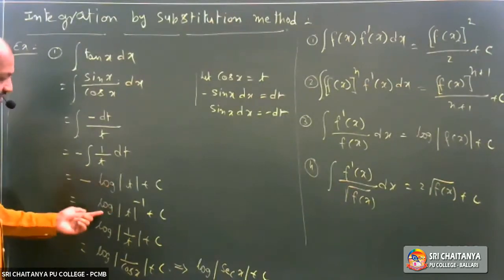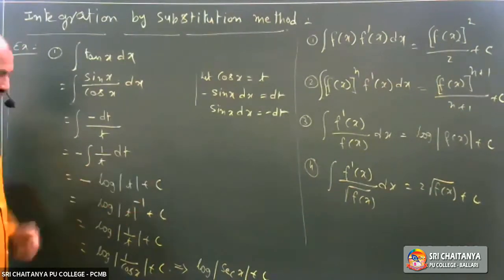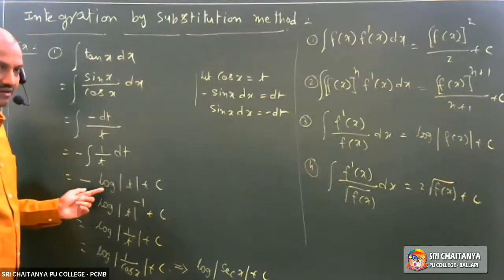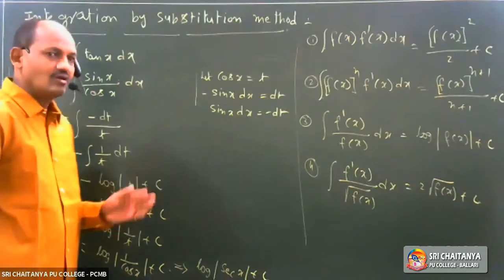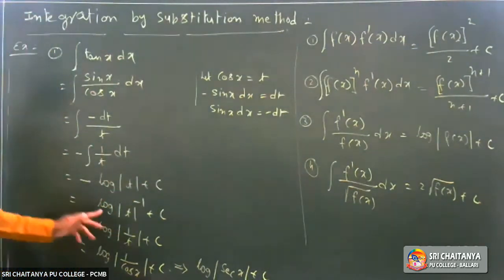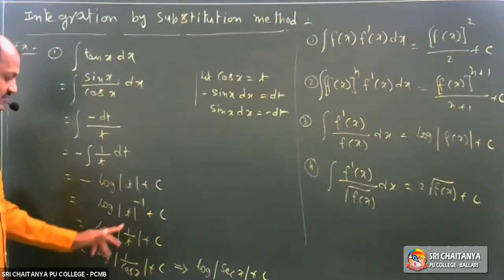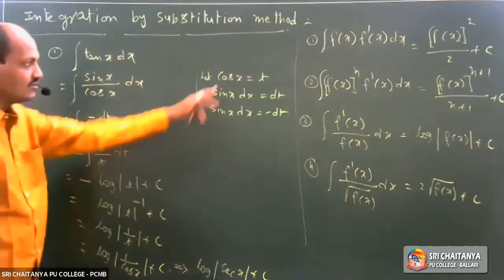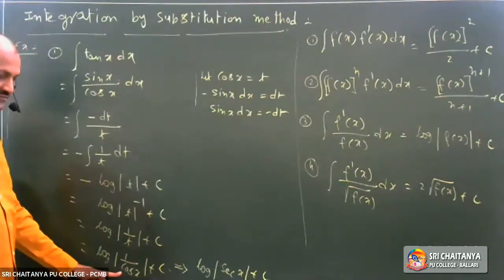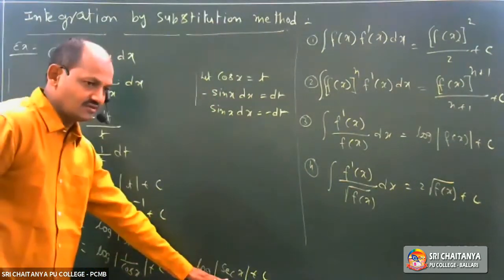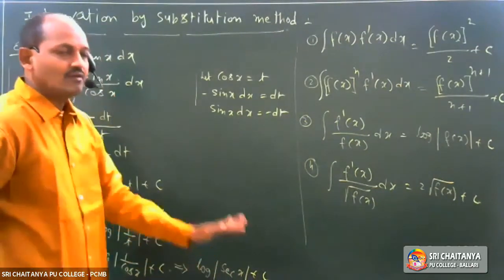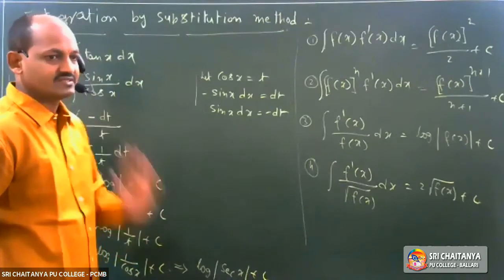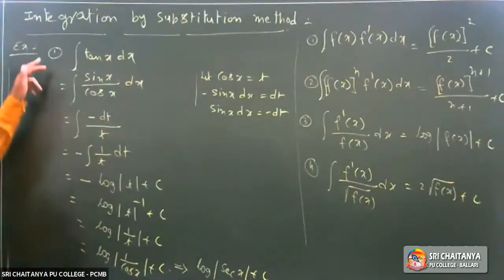It is log t power minus 1, according to the logarithmic formula m log a is equal to log a power m. So it is log t power minus 1, that is 1 by t. T is equal to cos x, so 1 by cos is secant. So the integral of tan x dx is equal to log mod secant x plus c. Right. Example problem.